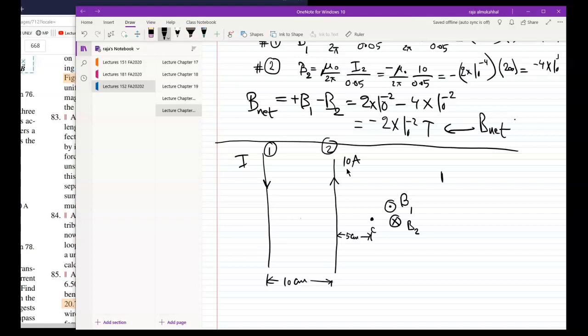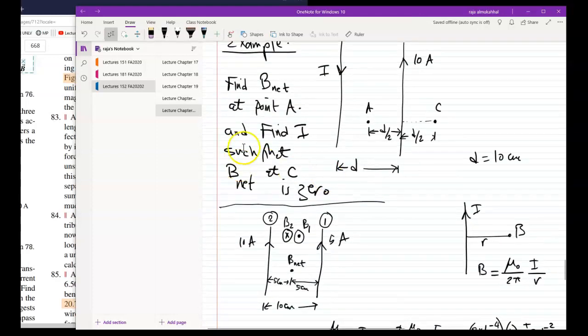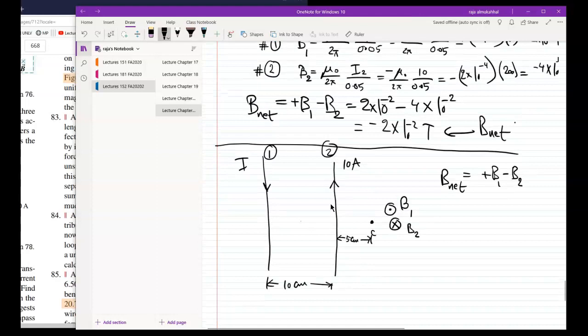So therefore, B net is equal to plus B1 minus B2. Remember, into is negative. Now let's go back to the question. He says, find I such that B net at C is 0. Aha. So what that means, I'm going to equate this to 0.